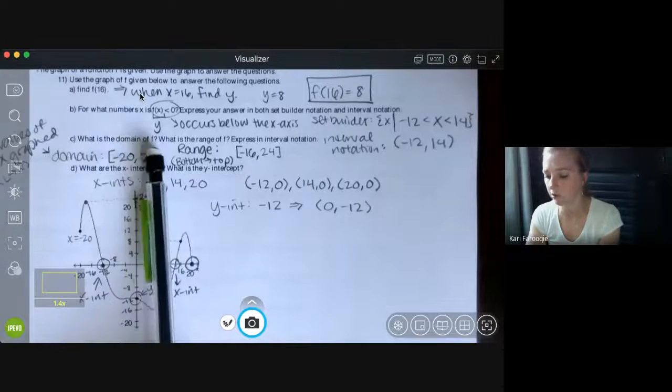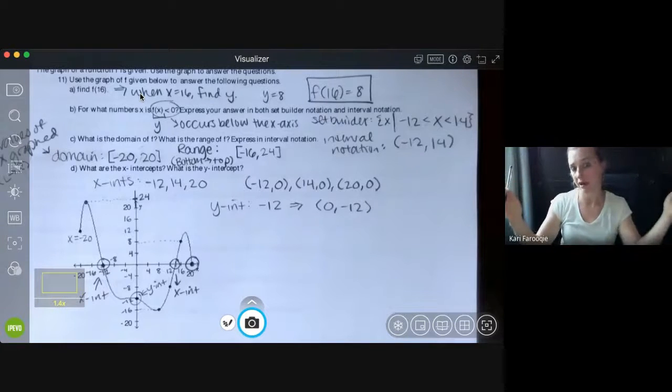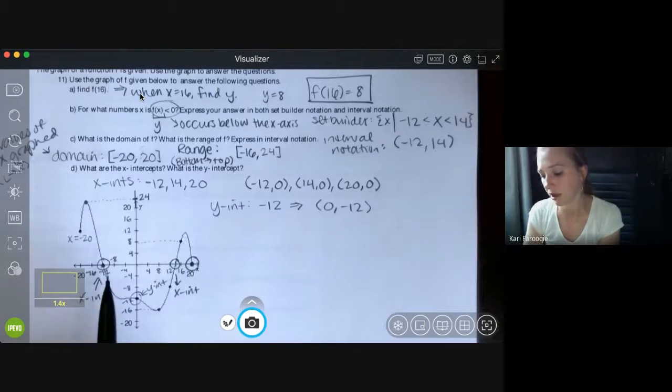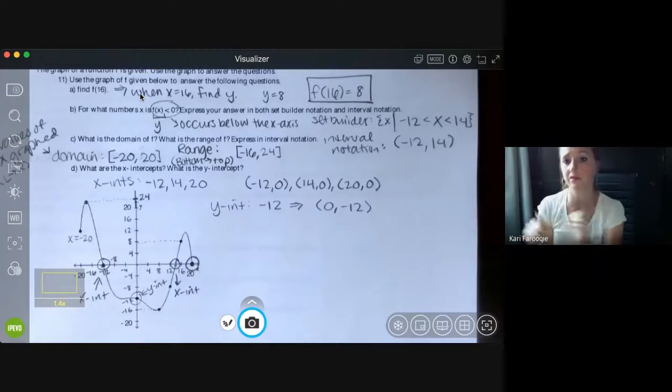For C, when we were talking about the domain and range, again, we were talking about a range of values. With the domain, it's still a range of values as you go from one value to the next. Whereas with the x and y intercepts, you're looking at just point values, individual points. Does that help? Okay, all right, I'm glad you asked.